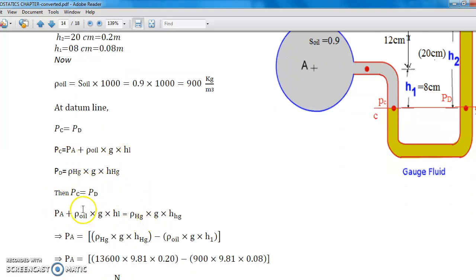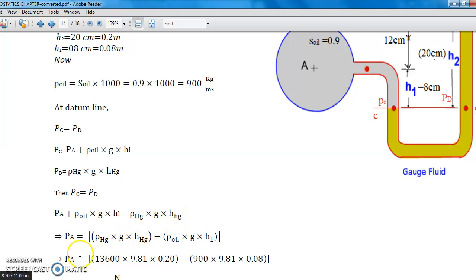Then you have to equate PC equal to PD. So on the left side, PA plus density of the oil into g into H1 is equal to density of the mercury into g into H2.